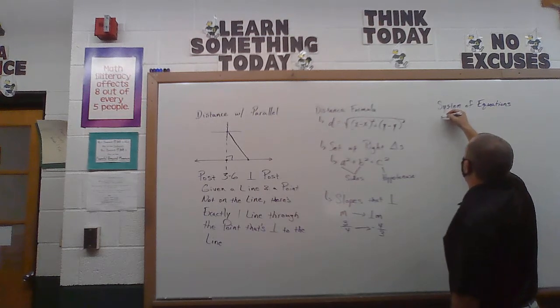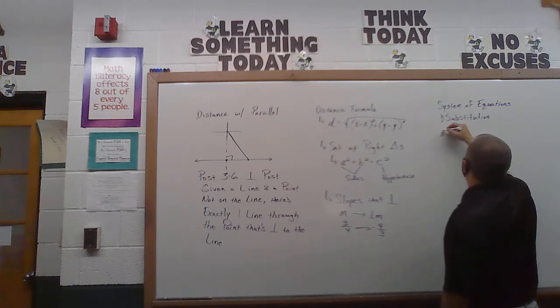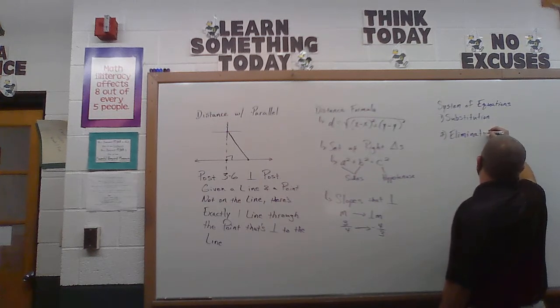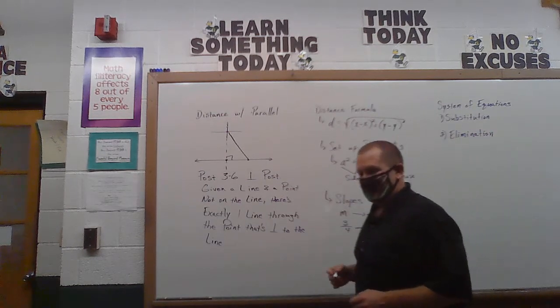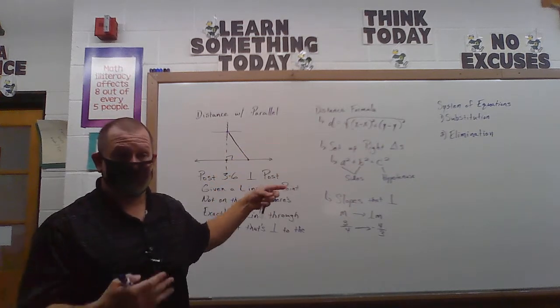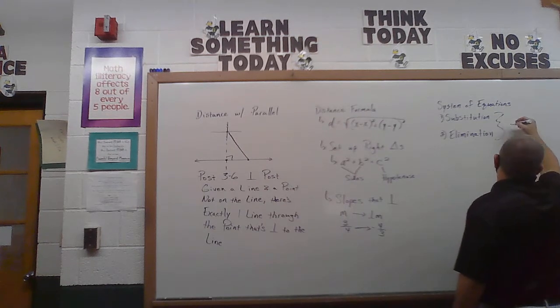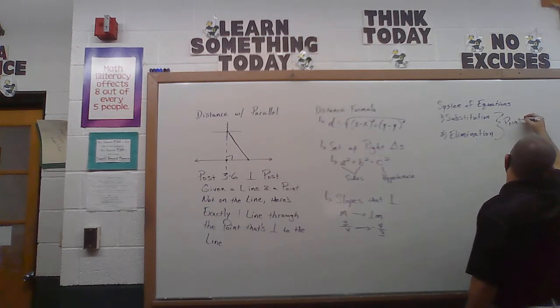This is where you can either do substitution or elimination. So you would take the equations that you are using and you would do one of those two methods to find where the point of intersection is. So this is going to get us your second point of the point of intersection.